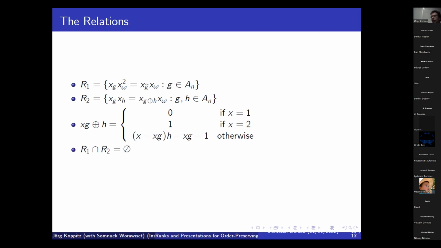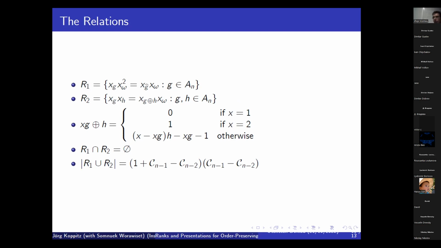It is not hard to see both relations are distinct, because you see here I have a square in W, and here you have 3 elements, and here you never have 3 elements, and so that means no relation can appear double. And now we want to ask how many relations we have.